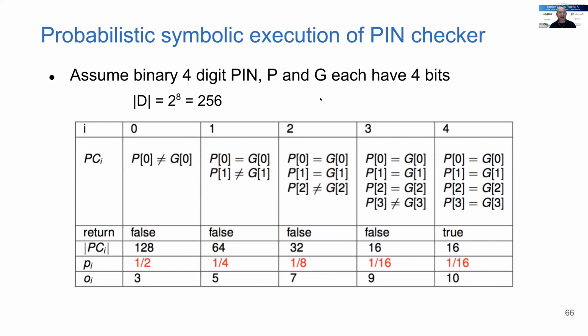So if we assume a 4-digit pin, now in addition to having these probabilities, I also have these observable values, which is the number of instructions executed. It says 3, 5, 7, 9, 10 for this. So now I'm assuming these instructions are distinguishable. Now you may say, okay, well, how do you know 5 instructions versus 7 instructions?